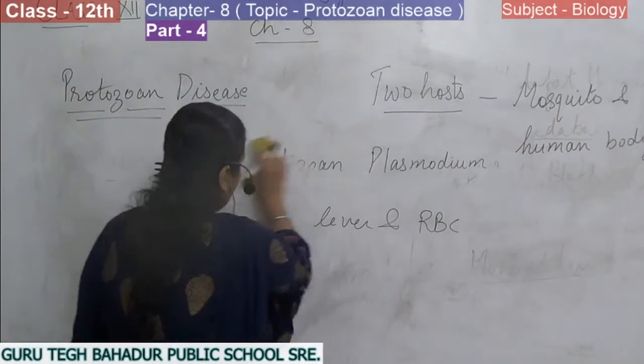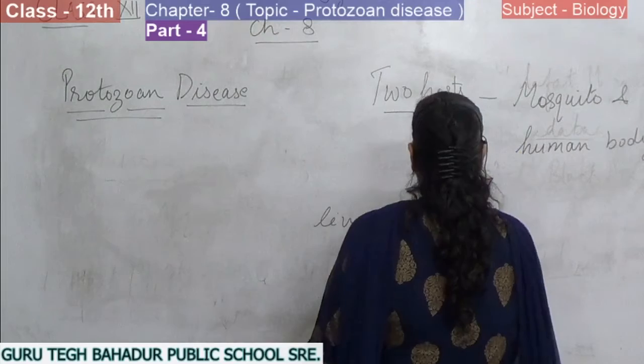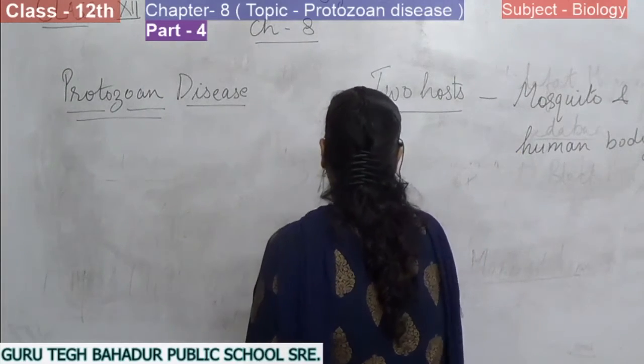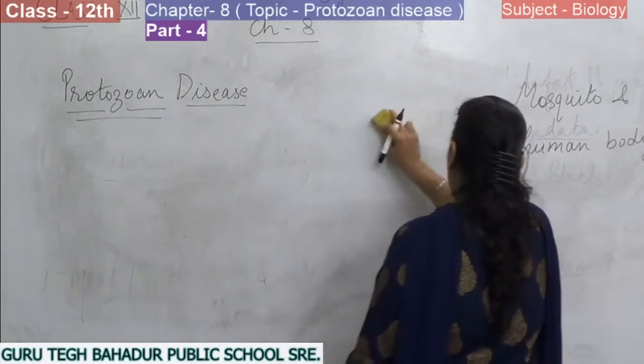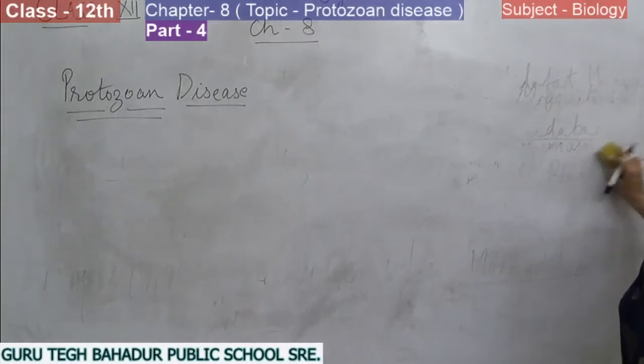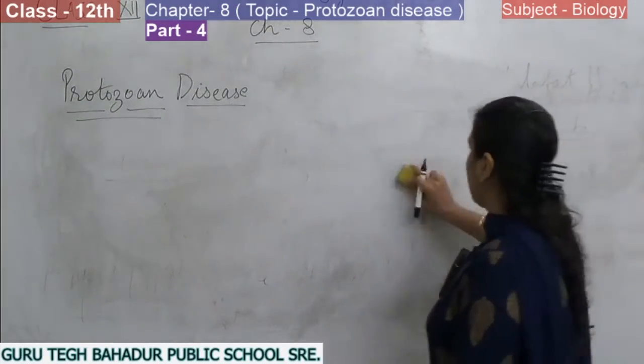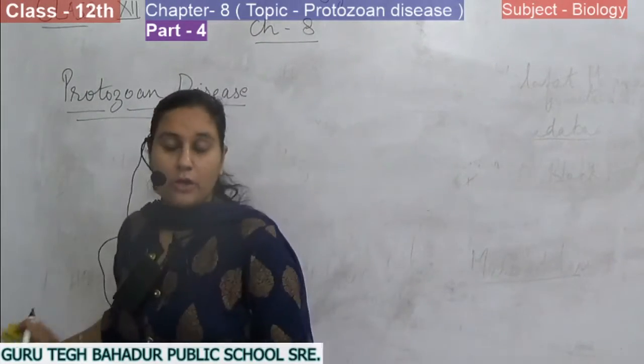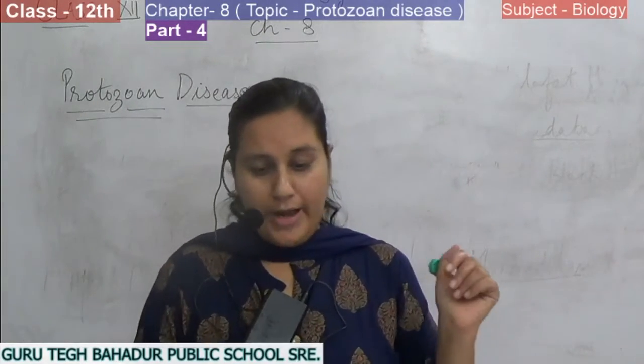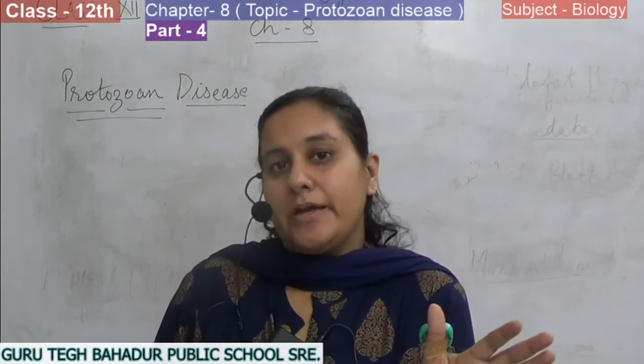In the notebooks and in the exams, you have to represent this life cycle along with the diagram, whether it is asked or not. In the exam paper, every time a question comes about the life cycle of plasmodium, you have to draw the diagram also.